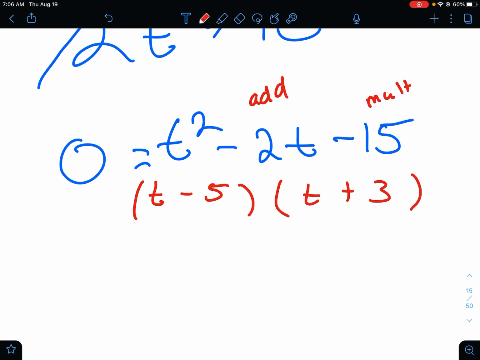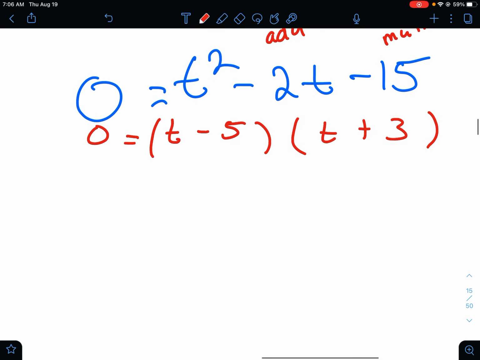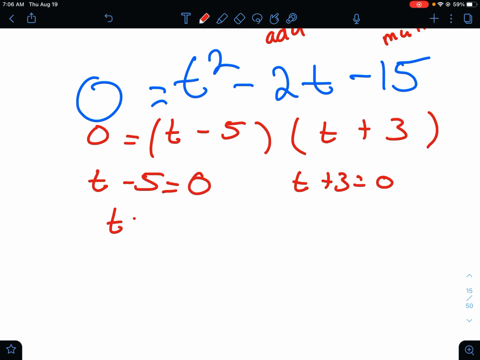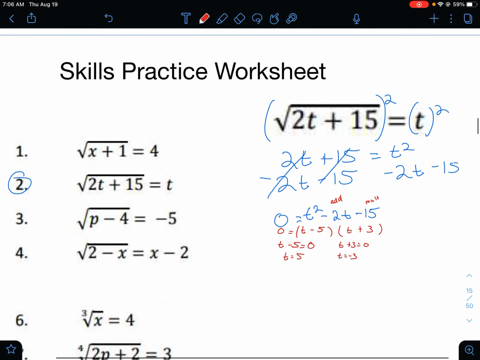There's really only two pairs. Negative 5 plus 3 gives me a negative 2, and negative 5 times 3 gives me my negative 15. So now I set these equal to 0, and I get t equals 5 and t equals negative 3.